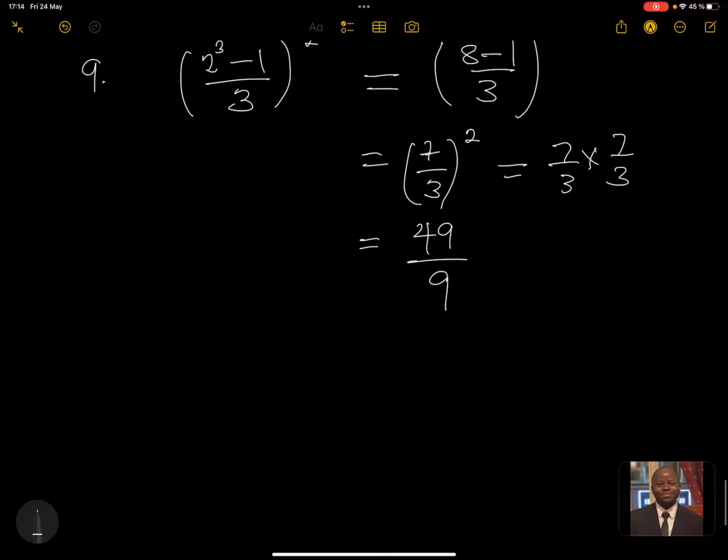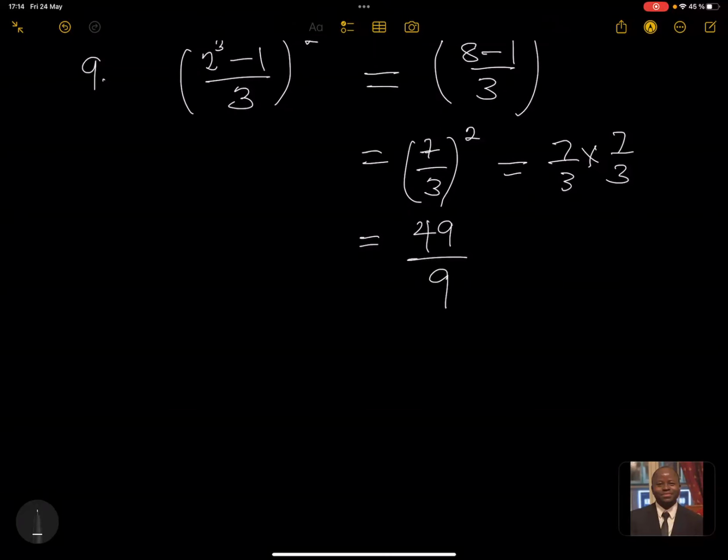Then we move to the next one, which is item 12, right? Remember, we are dealing with multiples of 3. Item 12 says, evaluate the expression, again, open the brackets, 8 divided by 2 to the power 3, multiplied by 3, close the brackets, plus 4. How is this?